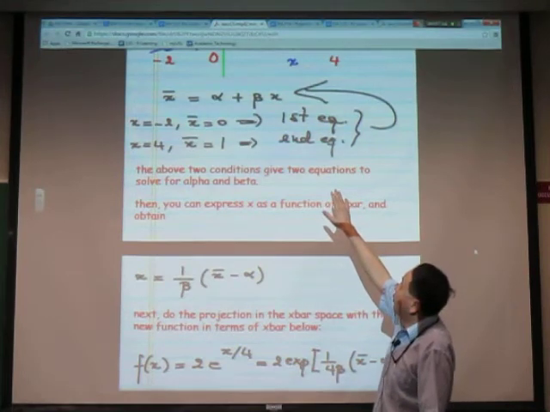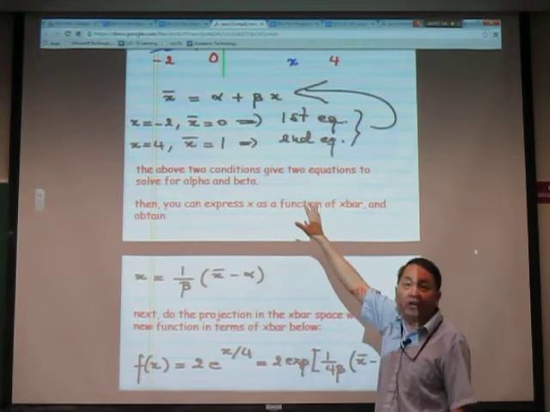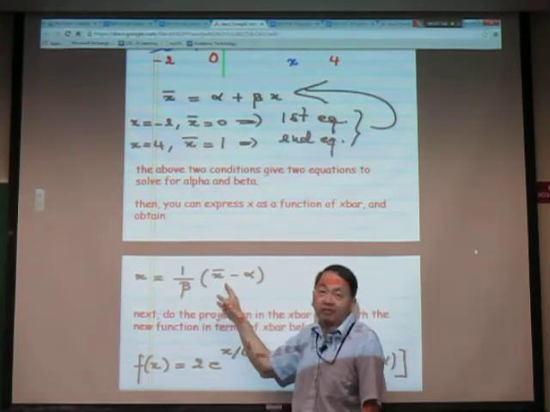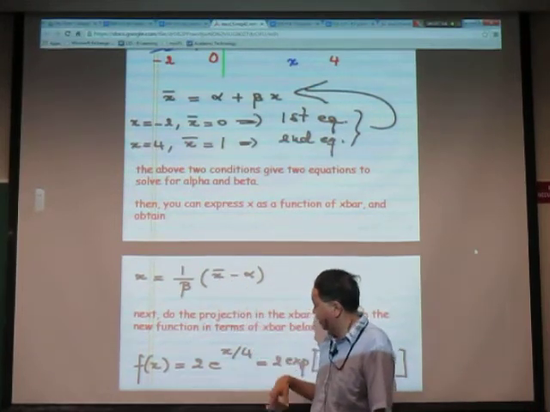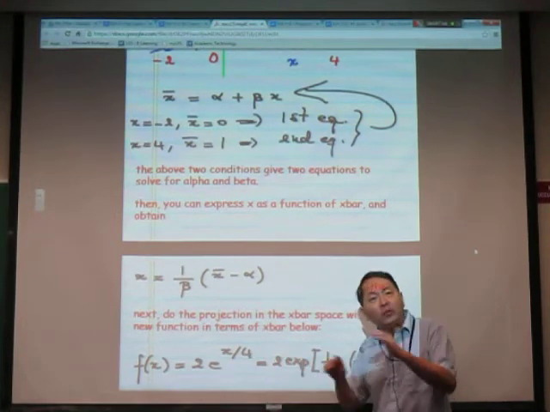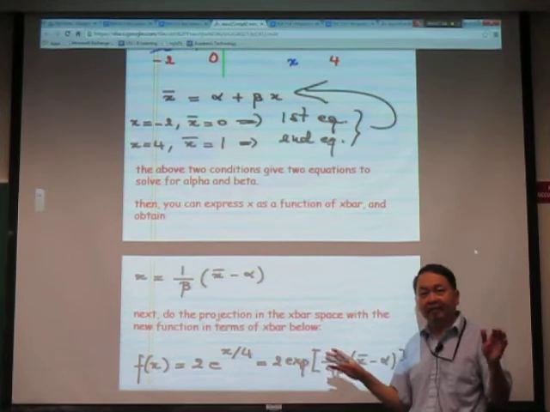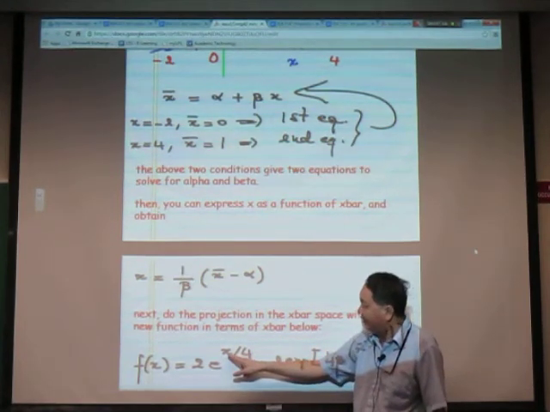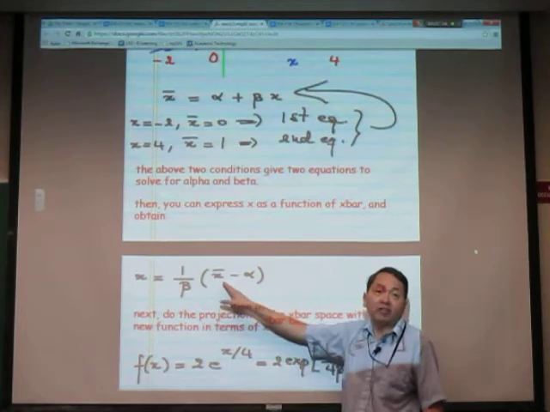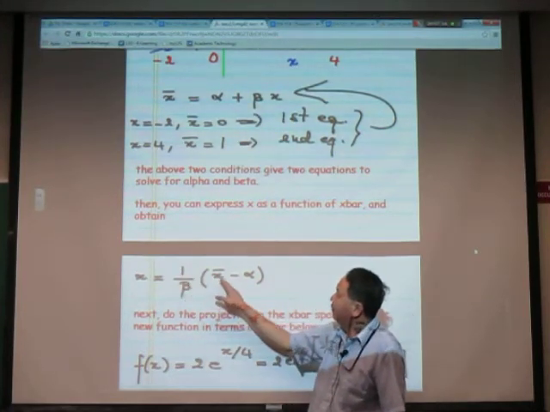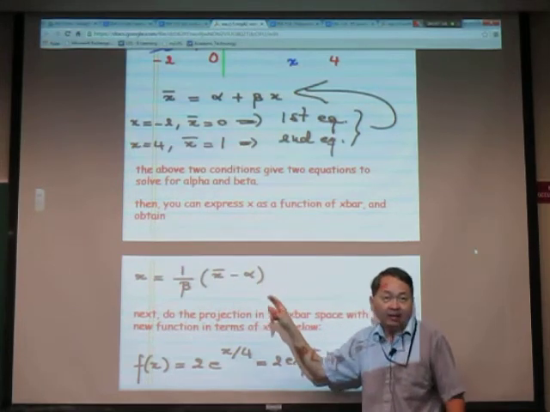Once you solve for alpha and beta, you can invert to express x in terms of x bar. Why do you want to do this? Because you want to work with the new variable. You don't want to work with x. So with the new variable, you replace x as a function of x bar. x is now replaced by 1 over beta times x bar minus alpha.